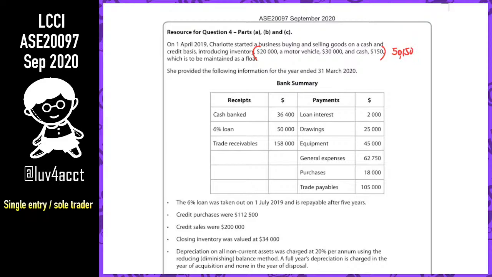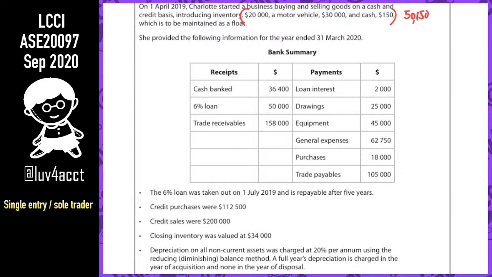And for the bank summary: cash sales banked, 6% loan, which, if it is not told, is usually a non-current liability, 6% interest being 3,000. Trade receivable is also from credit sales. Loan interest 2,000. We have to see if we have accruals.